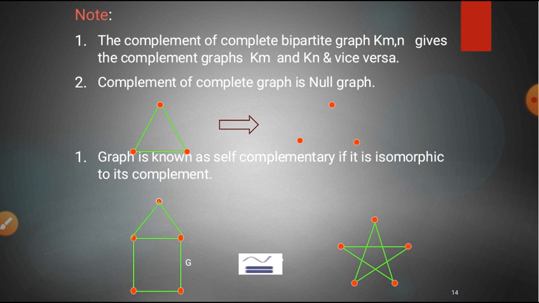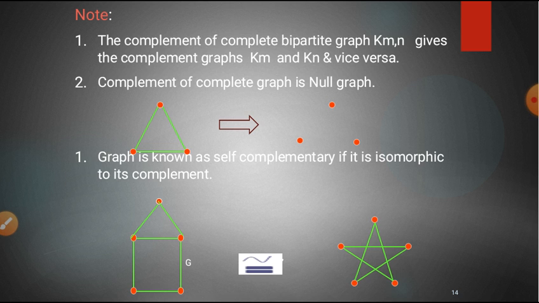Of course, because in a bipartite graph we make two different sets of vertices which are not connected within themselves, but each is connected to the vertices in the other set. So that one is a bipartite graph. So of course if we say a complement graph, it means the same edge we cannot repeat, so there is only the possibility of Km and Kn.